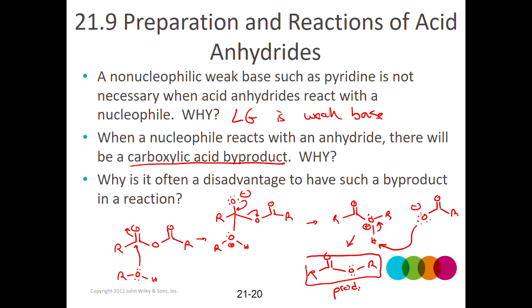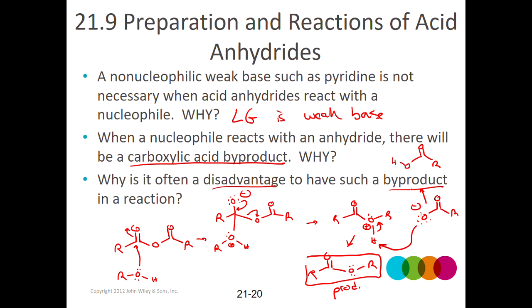This would be our desired product, where we're trying to use this to make an ester maybe. But when the leaving group picks up a proton, it produces a byproduct. That would be the carboxylic acid that produces when this negative charge picks up that proton. And that's a disadvantage because then we have to remove that.